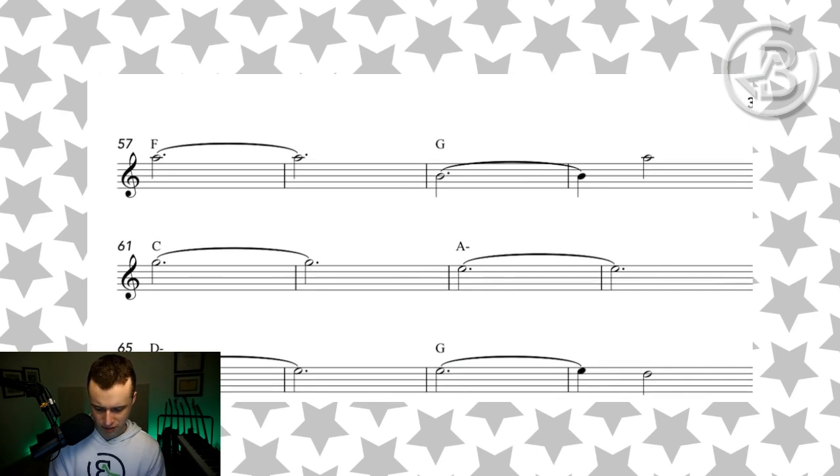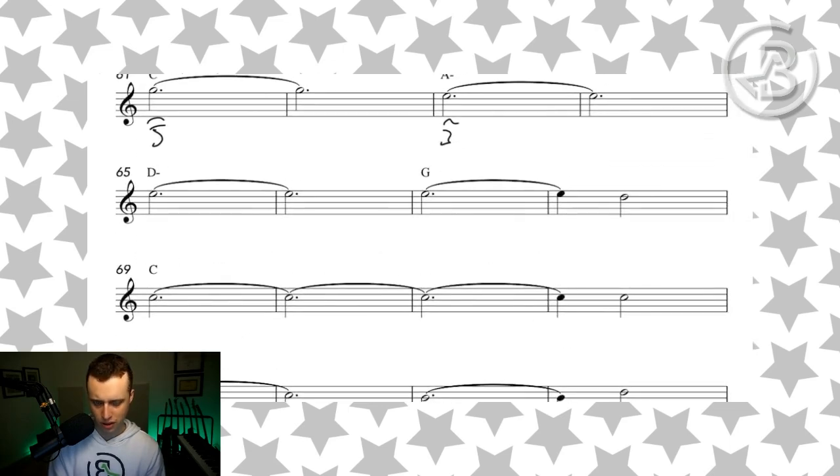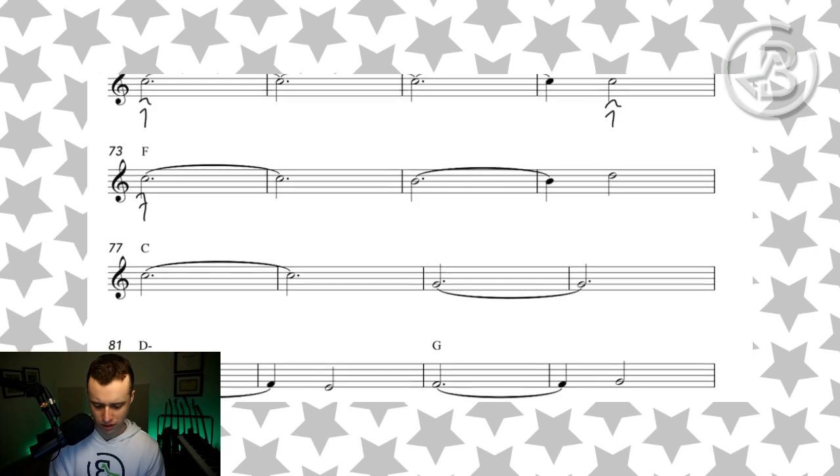Measure 57. 6. 7. Oh, I remember this. 6. 5. 3. I say I remember this because we actually did very similar things 2 pages ago. 3. 3 again. 2. 1. Oh, 1 again. Actually, you could see that at measure 73 it's 1 again.